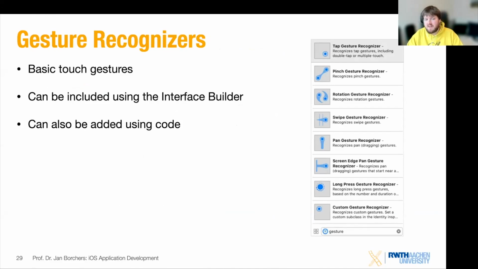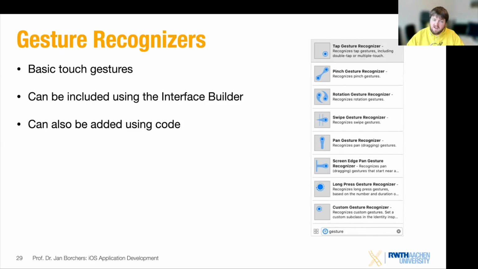For example, with a tap gesture recognizer, if I add this to my interface, I can connect it with an IBAction to my code, and then react once the gesture recognizer recognized that it was tapped and fired. So it takes the detection of the gestures out of your responsibility and will just tell you, okay, I've detected this gesture.